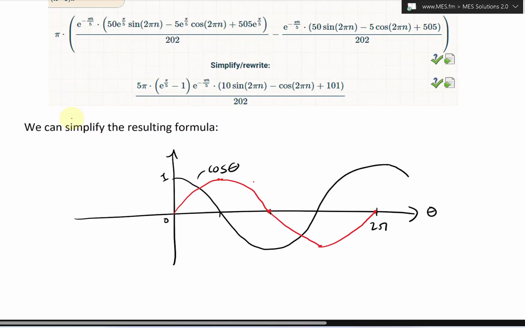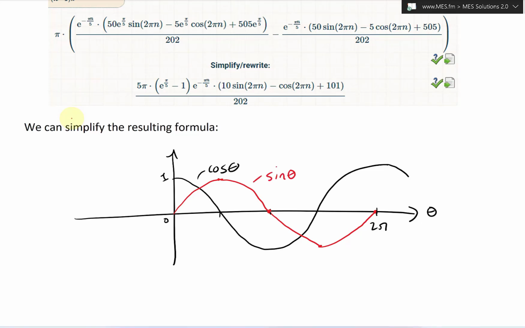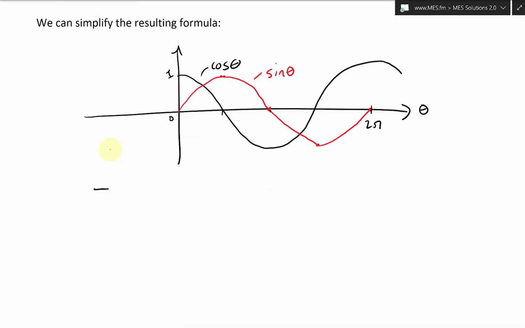I mean sine theta, and that's 0 at 2 pi. So in other words, what we have is cosine of 2 pi n, where n is an integer, this equals 1. So all the 2 pi, 4 pi, 6 pi, all equal 1 for cosine. And for sine 2 pi n, this just equals 0 for integers.